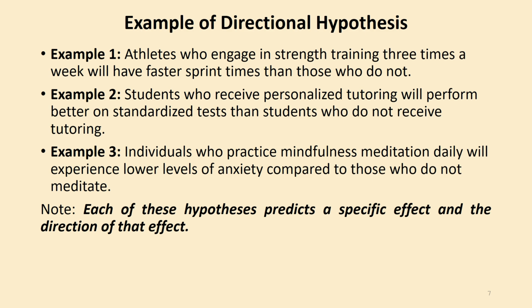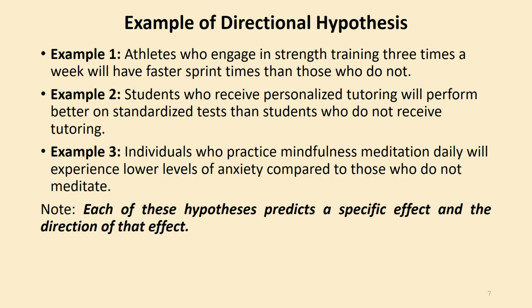Let us consider example 2 also. Students who receive personalized tutoring will perform better on standardized tests than students who do not receive tutoring. Here, it is telling that those who do not receive tutoring may not perform well. Again, it's giving direction, maybe in a negative aspect.